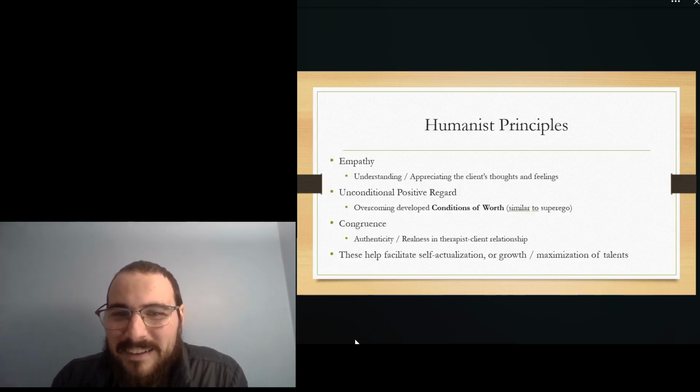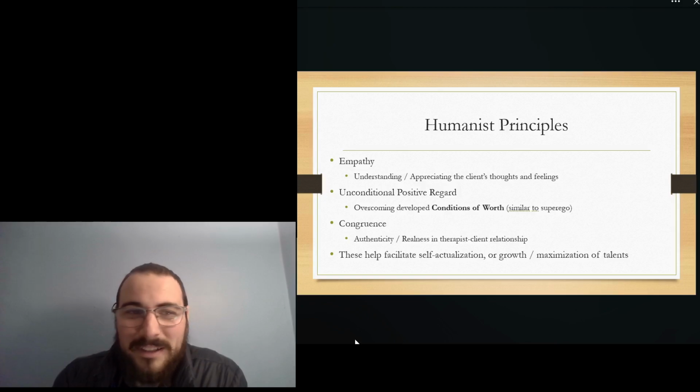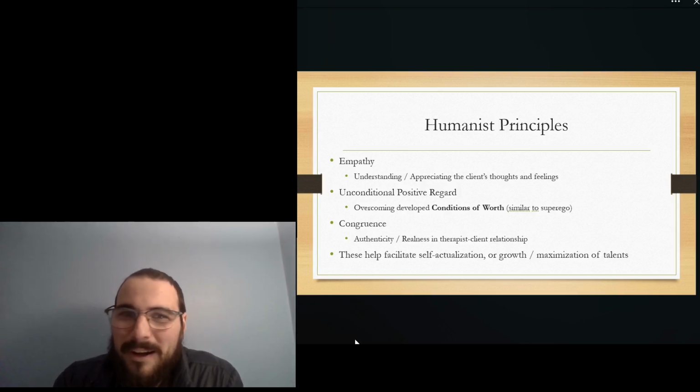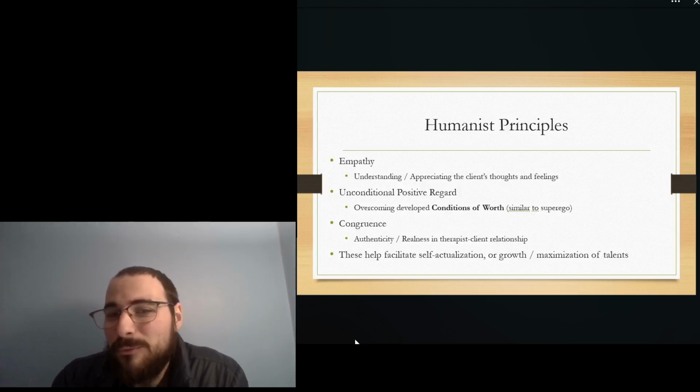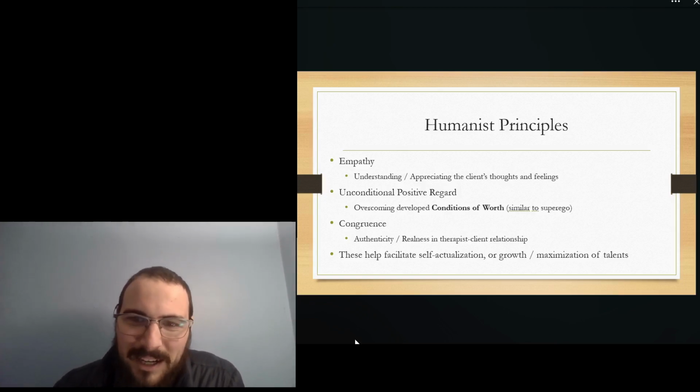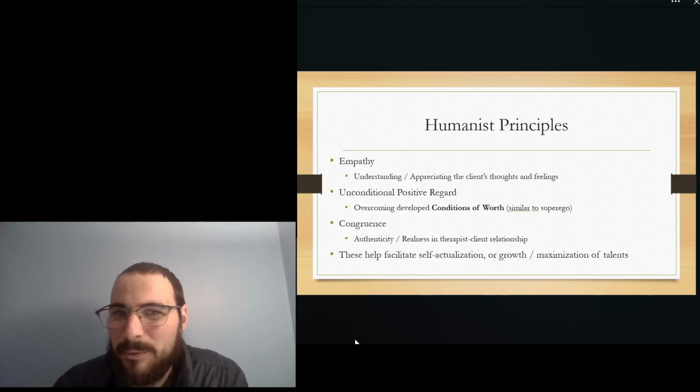And it is, according to Rogers, very important to overcome conditions of worth, because as we develop and grow, even with really good parents, a lot of times there's this tendency to develop ideas like, okay, I need to do X, Y, or Z in order to be worthy. I need to graduate high school, graduate college, I need to get a good job or whatever, and then I'm a worthy person.